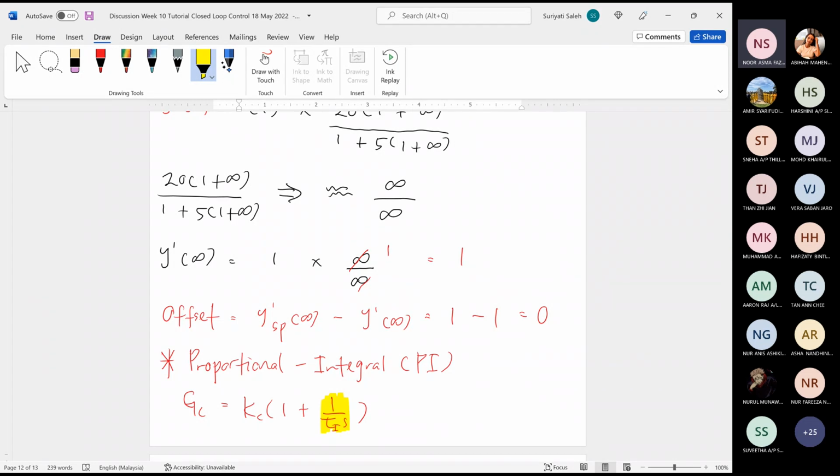Whatever happened in the middle, from the beginning before it reaches the end, we don't know. That is the limitation of this offset calculation, because you just considered the offset at time equal to infinity. How about at the middle time? We don't know. For that we need to do the full scale simulation to find the pattern and the trend.